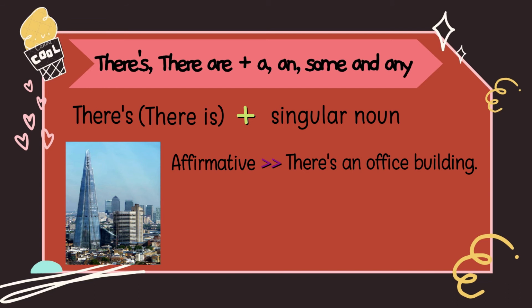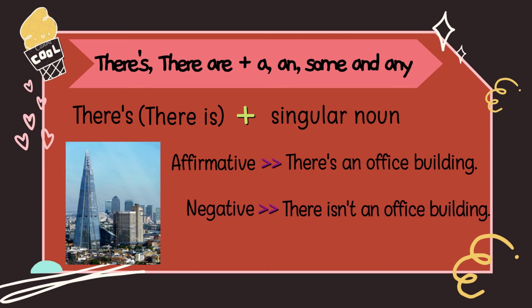A, E, I, O, U. So office starts with a vowel sound. That is why I use an in this sentence. Next, if I want to write a negative sentence, I will write, there isn't an office building.